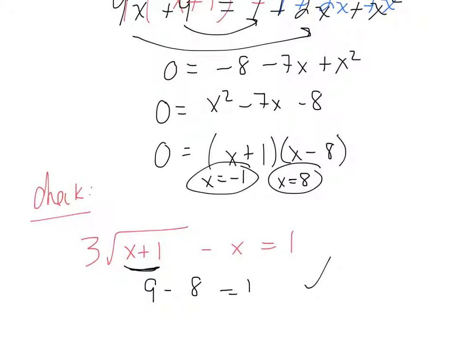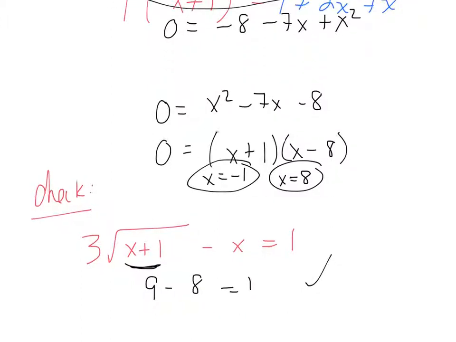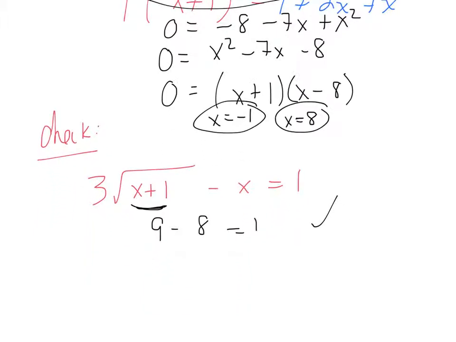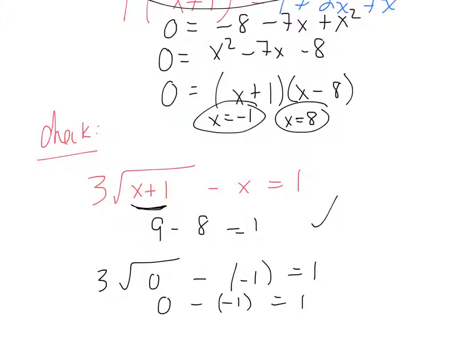After that, we can try the -1. If we try -1 in here, we get 3 times square root of 0 minus -1 equals 1. It's going to give me 0 minus -1 is equal to 1. That is true, because a minus negative is a positive. So these both work out for this scenario.